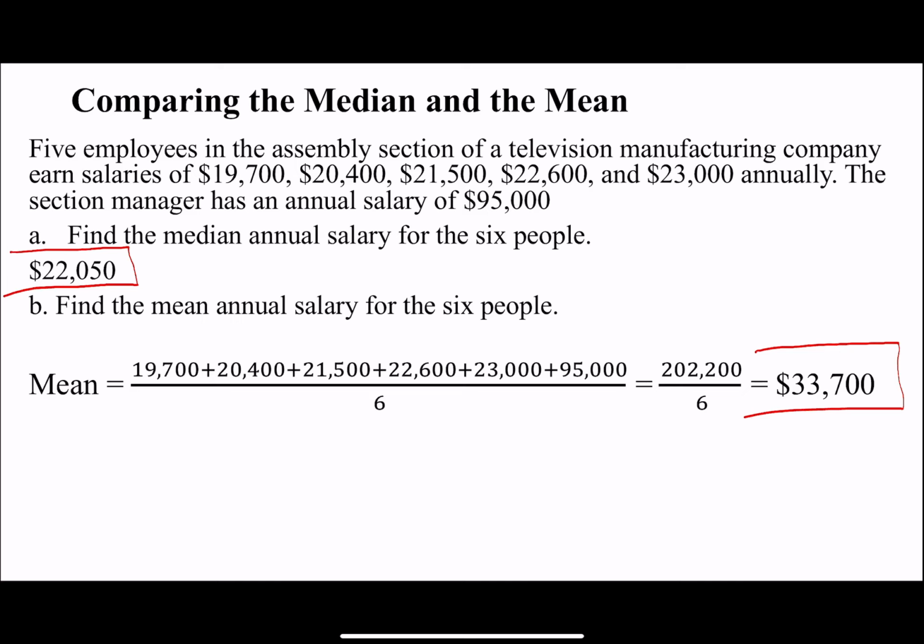If somebody is asking about the typical salary of people in this company, which number do you think is actually closer to reality? Which number is closer to the typical salary of people in this section, in this company? $22,050 or $33,700? Which one?